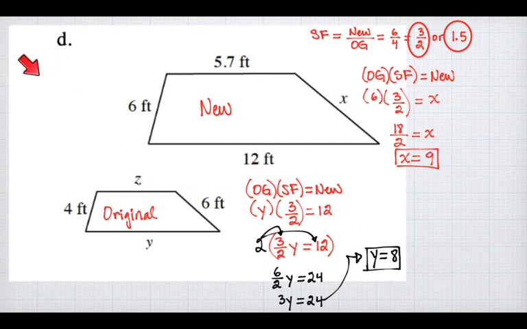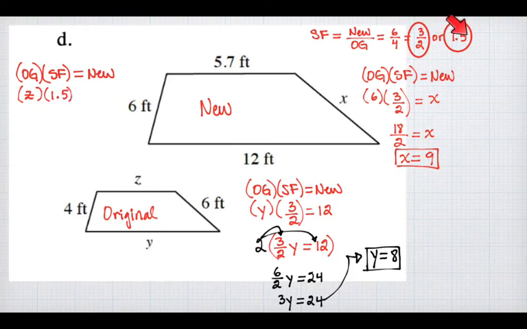Yes. Last one, z. We're going to follow the formula again: original times scale factor equals new. So now we're trying to determine the value of z. Z corresponds to 5.7. Which one is the original, z or 5.7? So I'm going to go z times, instead of 3 over 2, this time I'm going to use 1.5.